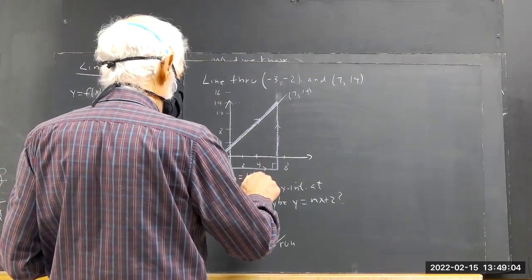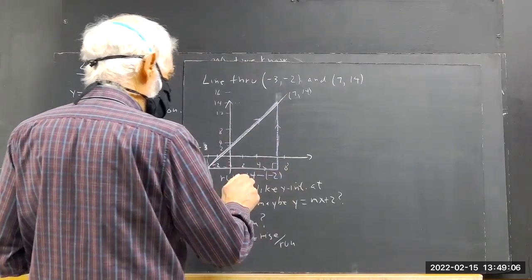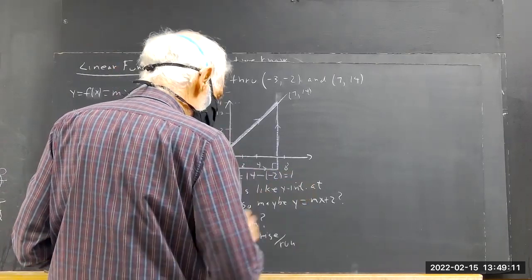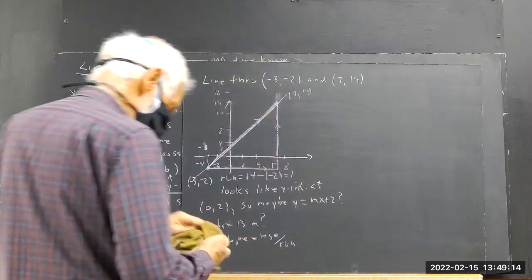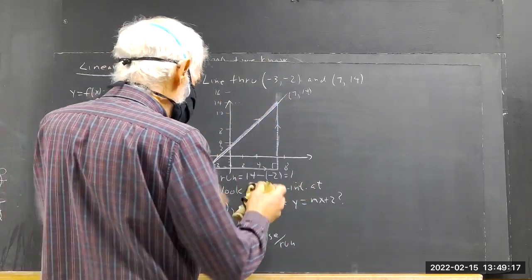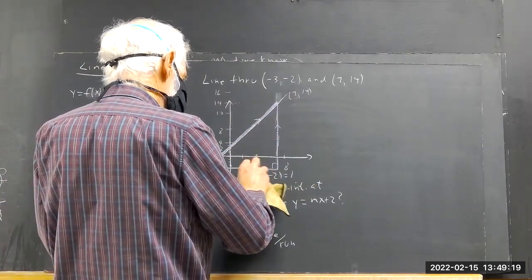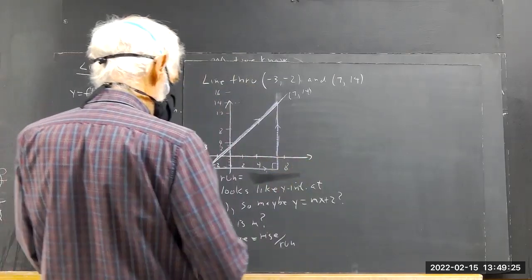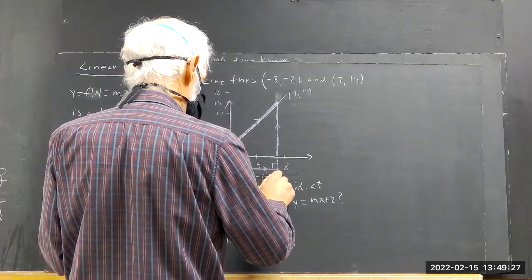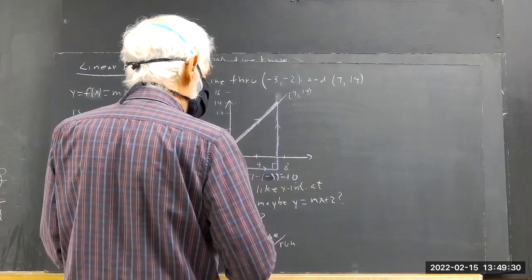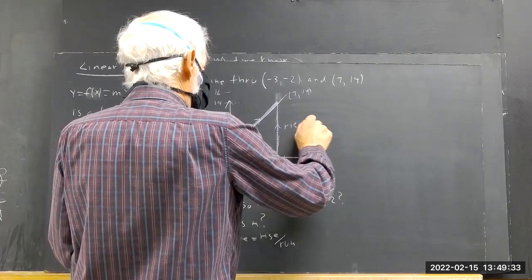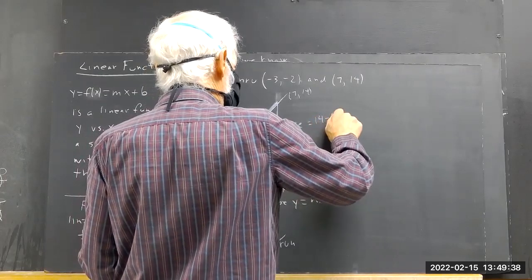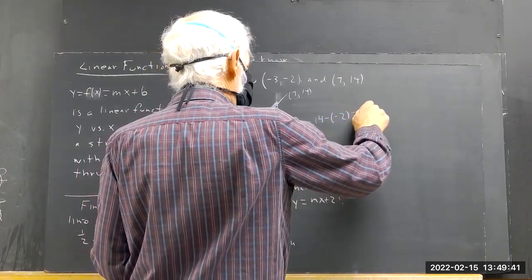Okay, so if we go this way, we subtract where we start from where we end. So that's 14 minus -2, where we end minus where we start. Looking at the wrong numbers. Okay, again, it's 7 minus -3, which is 10. The rise is 14 minus -2, which is 16.